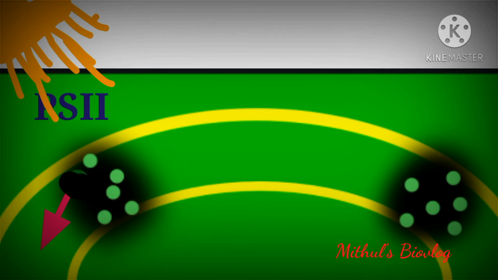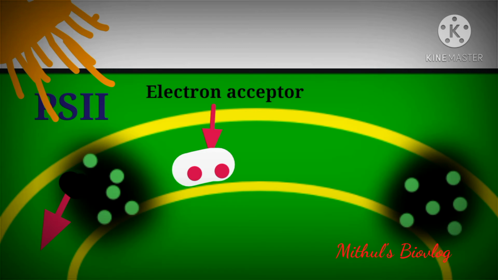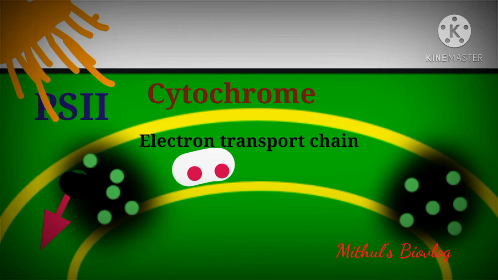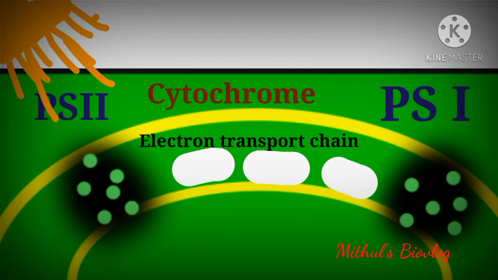As a result, they get excited and they jump out. These electrons will be accepted by an electron acceptor. Here the electron acceptors are the cytochrome proteins. They accept the electron. Now this electron from the first electron acceptor gets transferred to the next electron acceptors.